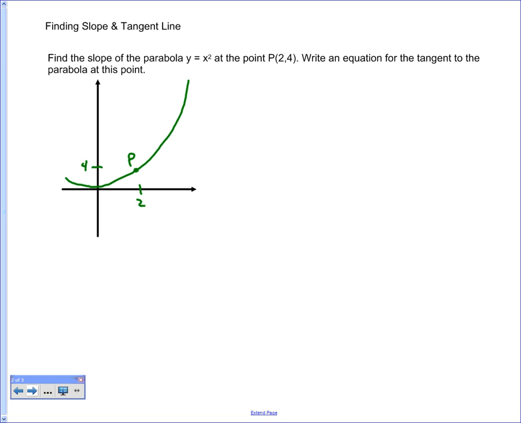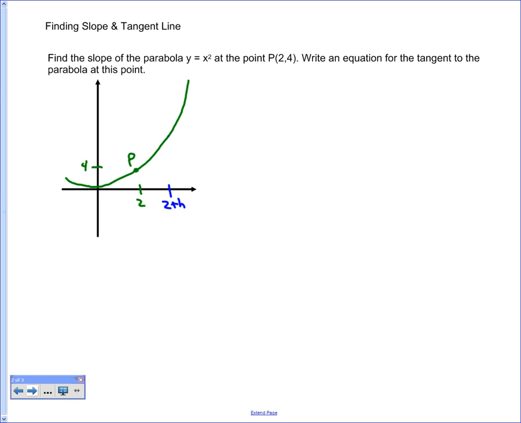Well, we calculate slope by using 2 points and performing a subtraction. Here we just have a single point, the point 2 comma 4. So what we're going to do is choose another point on the curve, just a little bit further to the right of it, or even perhaps to the left, but we'll use it to the right in our diagram. 2 plus some small value of h.